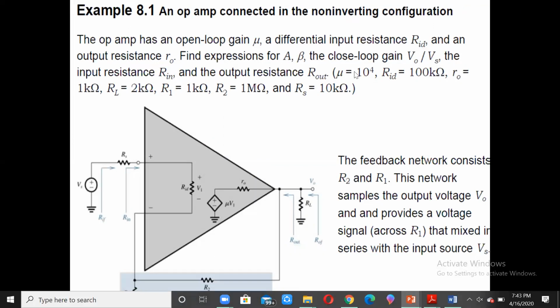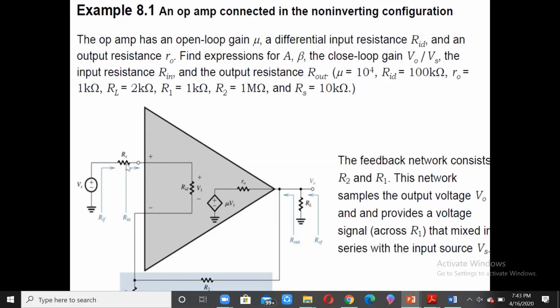Mu is nothing but A, the amplification of the amplifier, equal to 10 to the power 4, RID equal to 100 kilo ohms, R0 equal to 1 kilo ohm, RL equal to 2 kilo ohm, R1 in the feedback network is 1 kilo ohm, R2 is equal to 1 million.